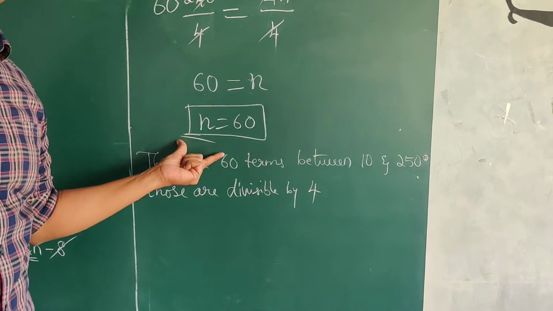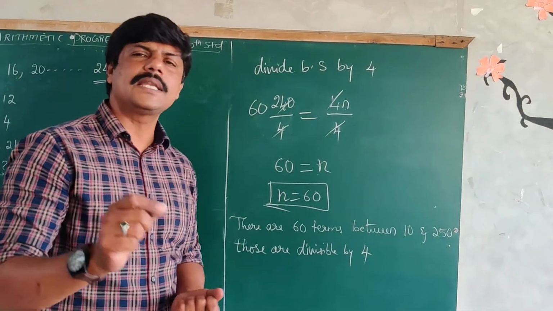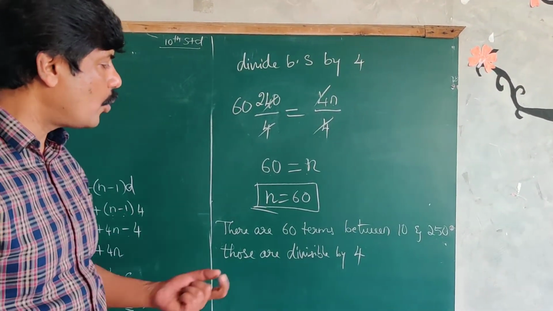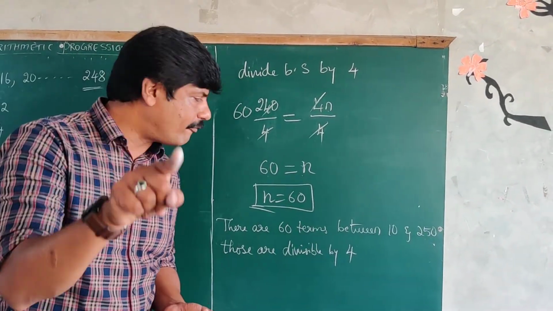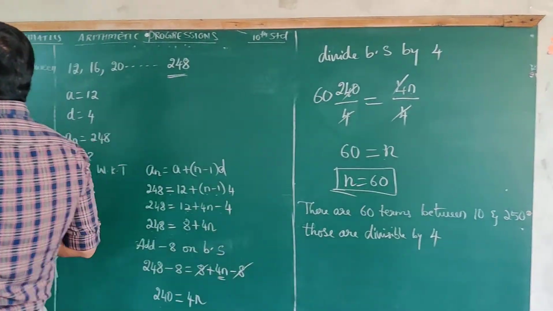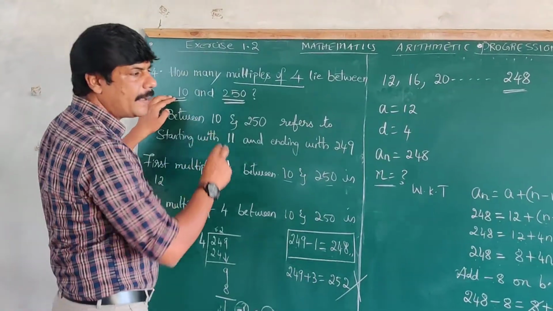What does n is equal to 60 refer to? This refers to there being 60 terms. There are 60 terms which are multiples of 4 or divisible by 4 between 10 and 250. Understand? This is what I asked: how many multiples of 4 lie between 10 and 250?